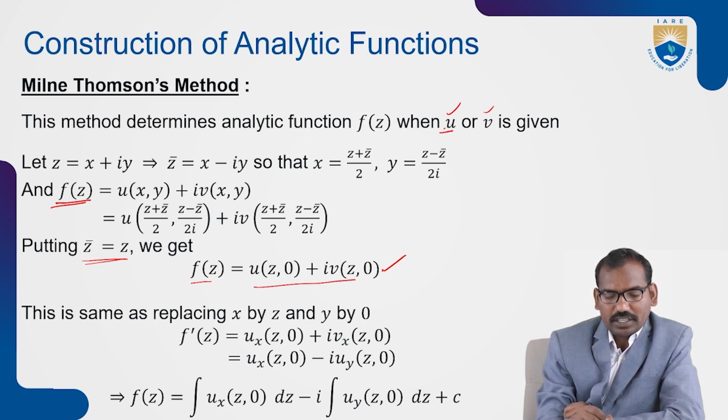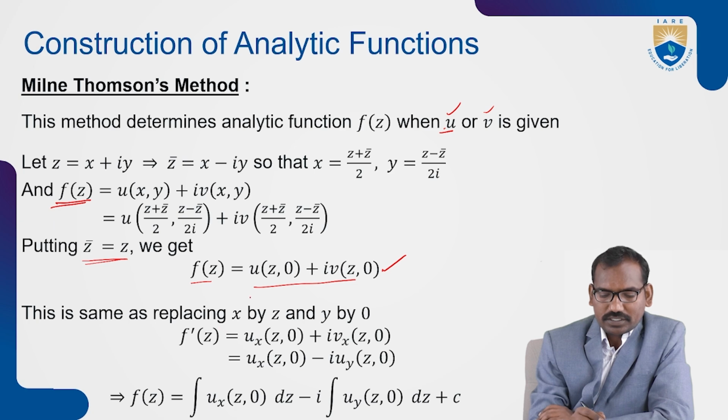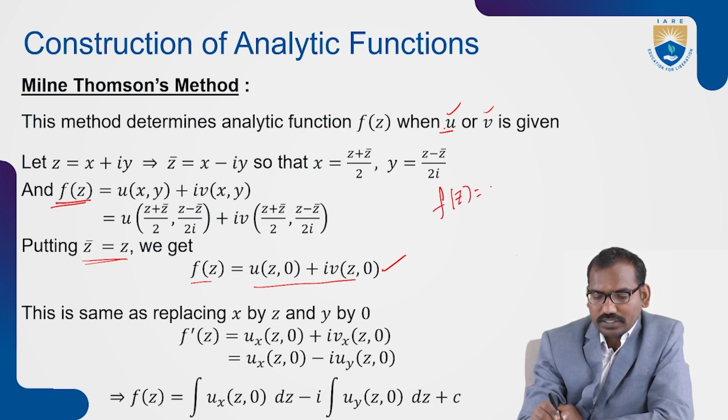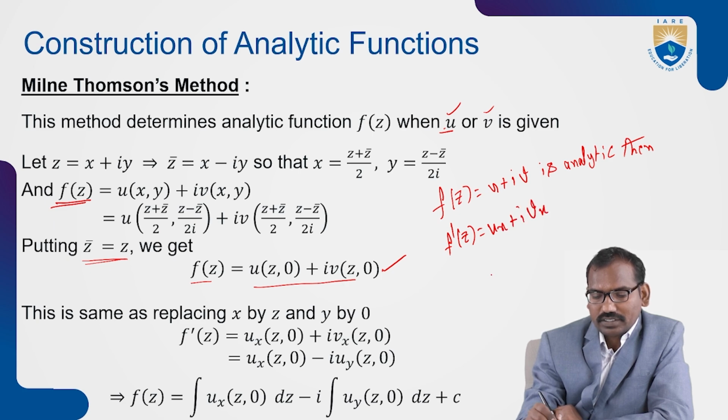Now it is clear what f of z is. Now we already know that if a function f of z, which is u plus iv, is analytic, then f prime of z is u_x plus i v_x.